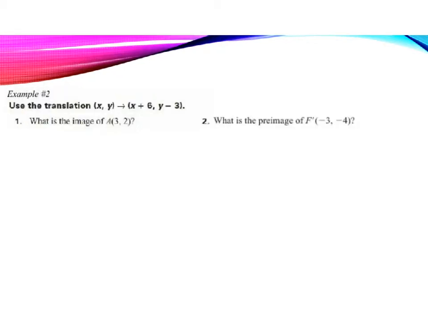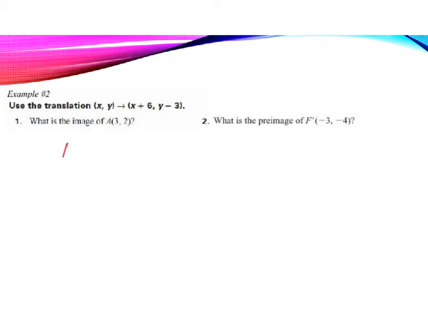Alright, for example 2, we're asked to use this translation that we are given. Here's our translation rule. And answer these two questions. What is the image of this point given to us right here? 3, 2. Well, if we follow this rule right here, and we're asked to find the image, just apply the rule.